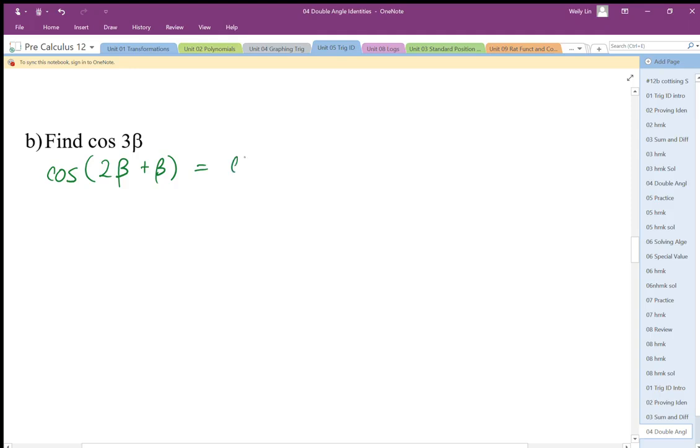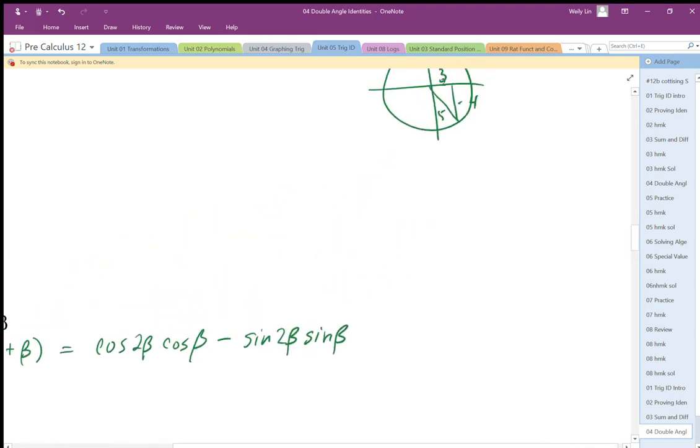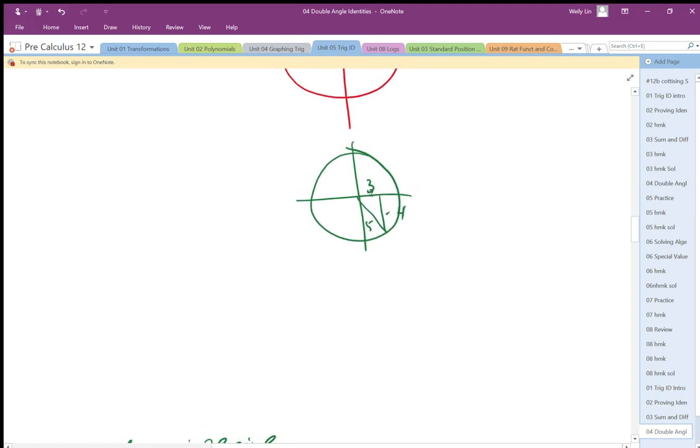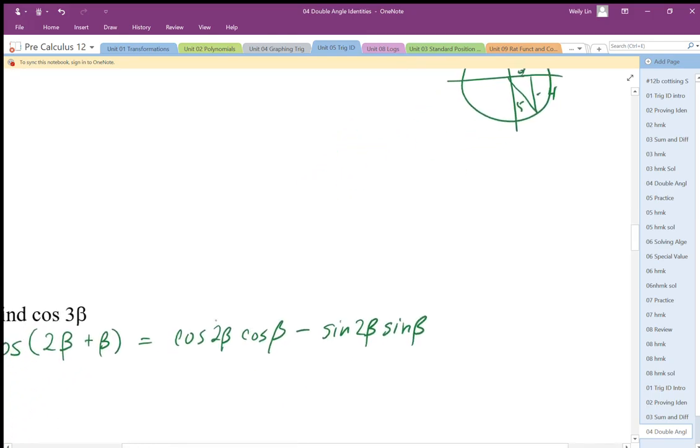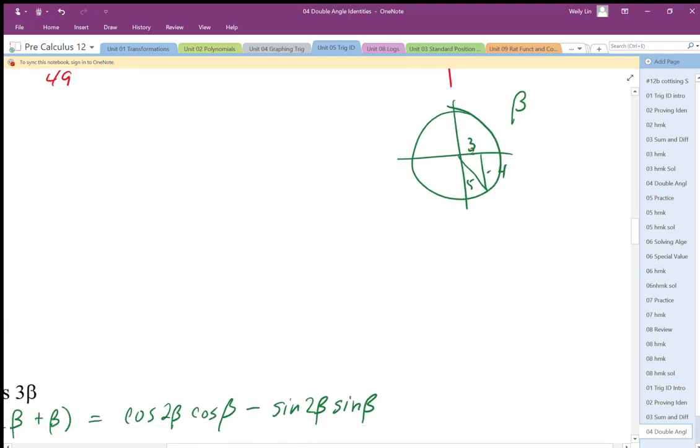It's going to be cos minus sine. I have a picture for my single angle beta. There it is. I don't have a picture for the double angle beta, so I can't use any of these ratios.